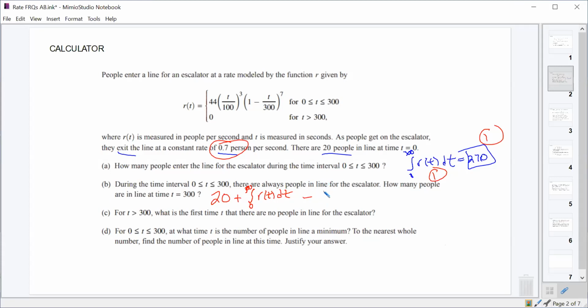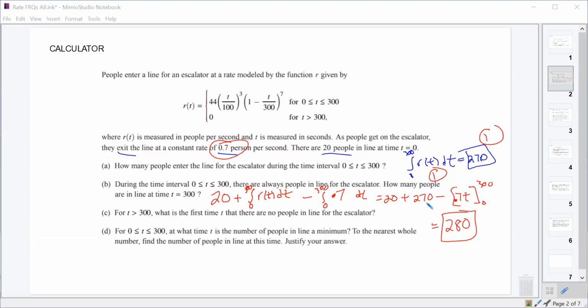And if you didn't write this part out as an integral, that's fine. But the rate that they exit the line is 0.7 dt. And so we know that this is then just 20 plus the 270 that enter the line. And then it should be minus 0.7 t from 0 to 300. And 0.7 times 300 should just be 210. So this is 290 minus 210 minus a 0, which is 280.